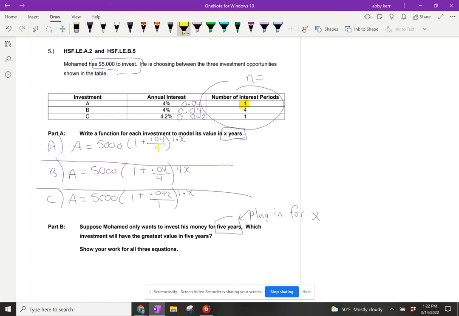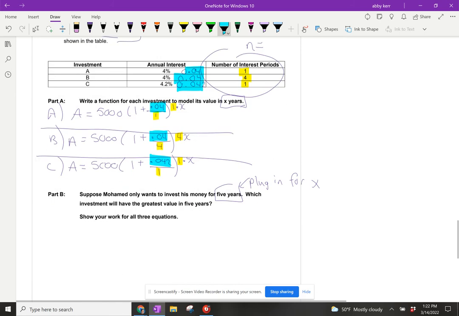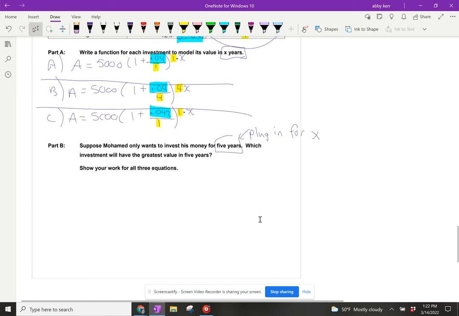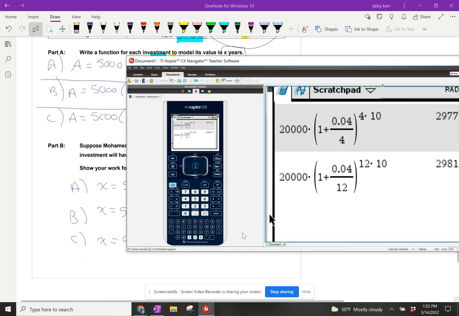So these numbers are our N's, and then our rates for those numbers. And then for A, B, and C, you're plugging in where X is 5, and then seeing which one will have the most value.